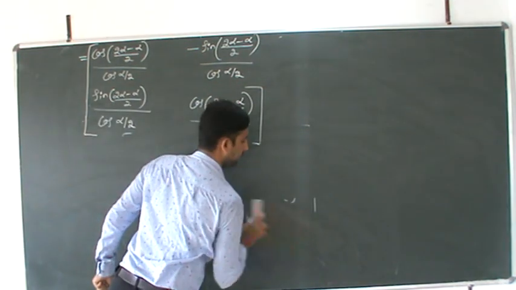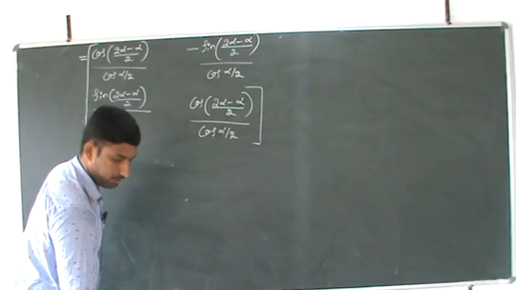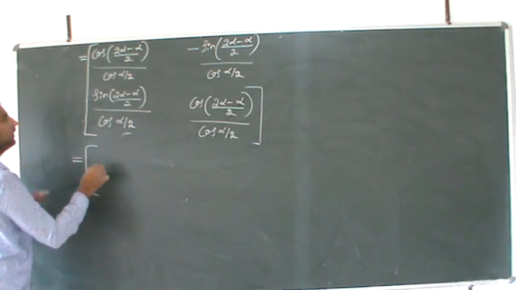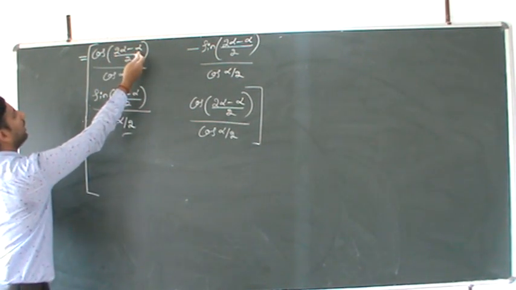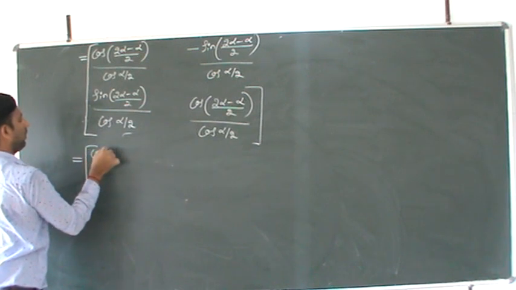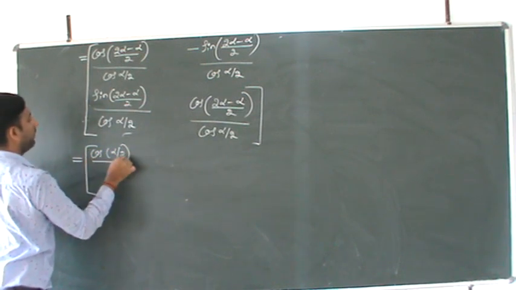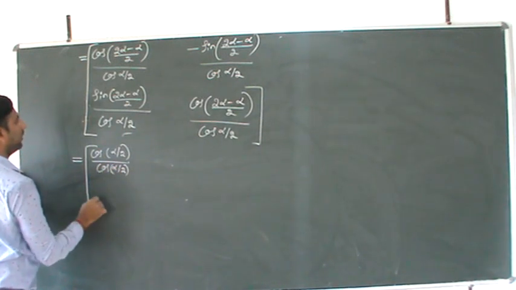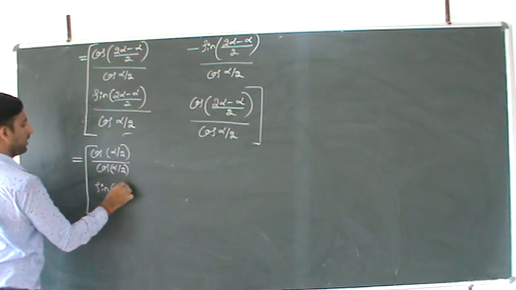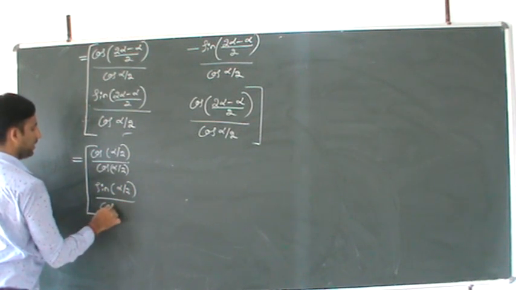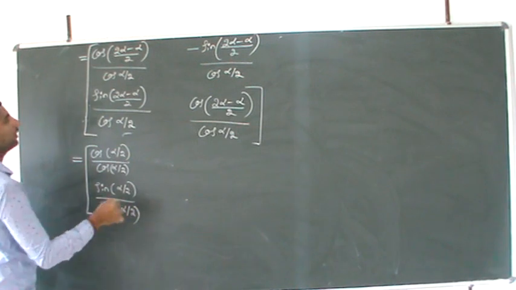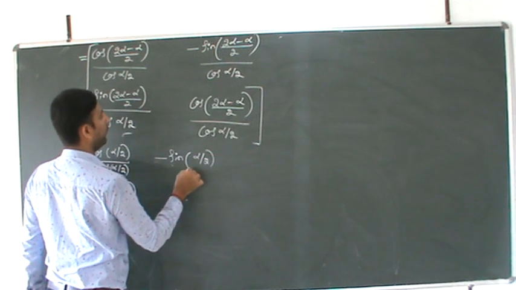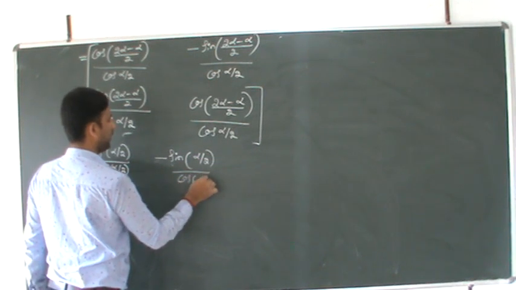After that, which is nothing but cos of 2 alpha minus alpha, what is the value? Cos alpha by 2 divided by cos alpha by 2, sin alpha by 2 divided by cos alpha by 2, minus sin alpha divided by 2 divided by cos alpha divided by 2.